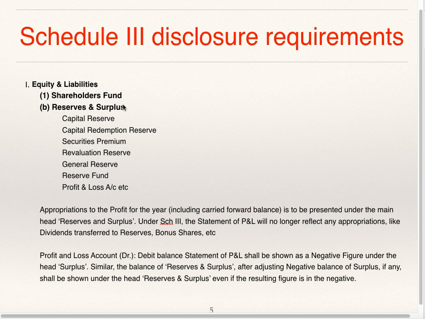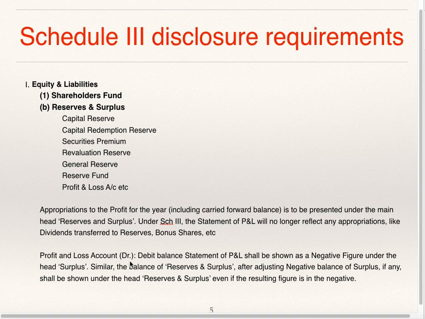Second classification under shareholders funds. Appropriation to the profit for the year including carried forward balance is to be presented under the main head reserves and surplus. Under schedule 3, the statement of profit and loss will no longer reflect any appropriations like dividend transferred to reserve, bonus shares, etc.